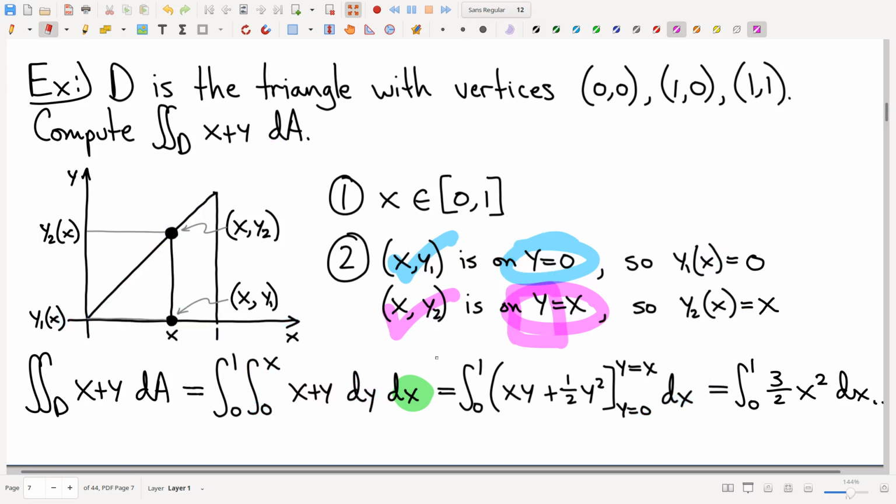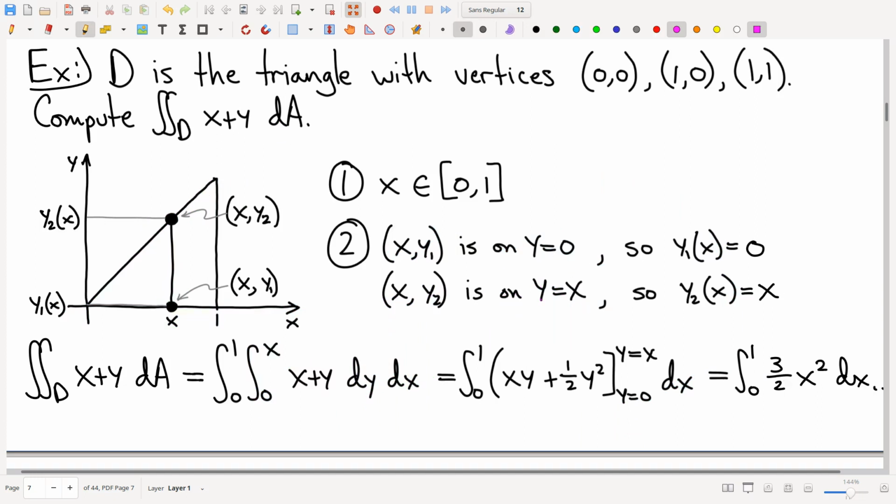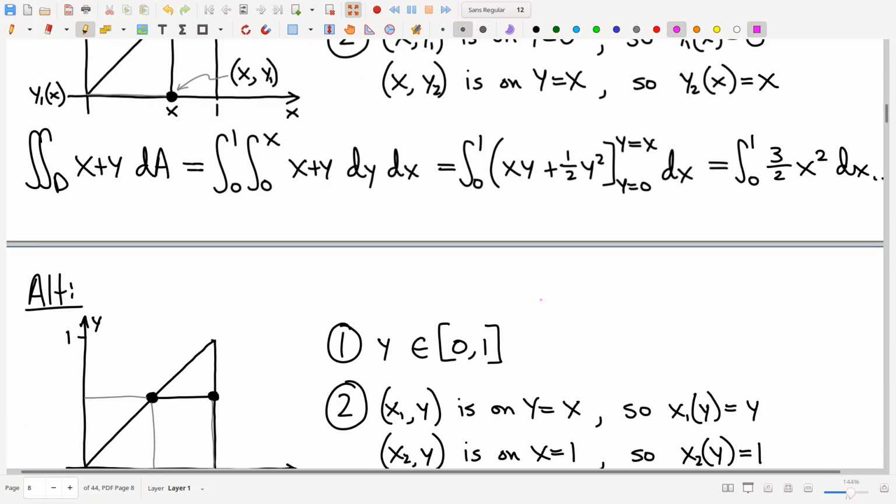We'll slice it up in the other order momentarily. I do want to point out one slight twist. This is not really a big deal. But when you're evaluating this inside integral here, you're going to do an antiderivative. Don't forget that for the purposes of the inside integral, y is your variable. X is a constant. You treat it like a constant. Don't integrate it incorrectly because you forgot what role which variable was playing, right? That's easy to mess up.